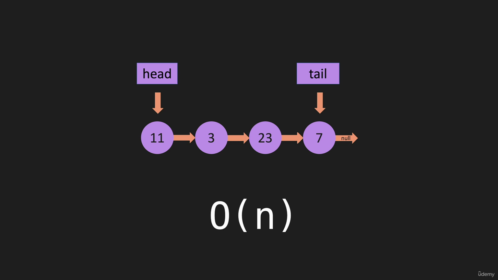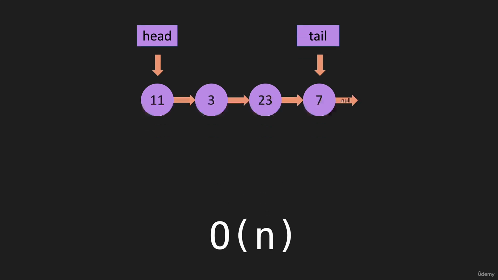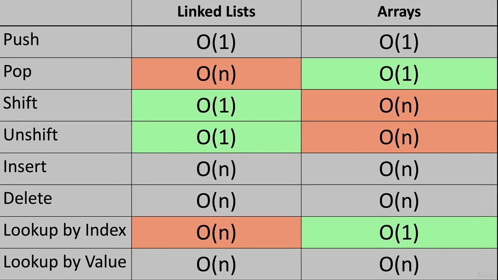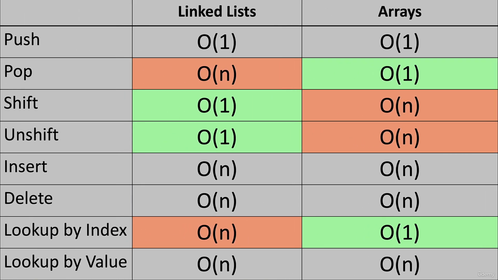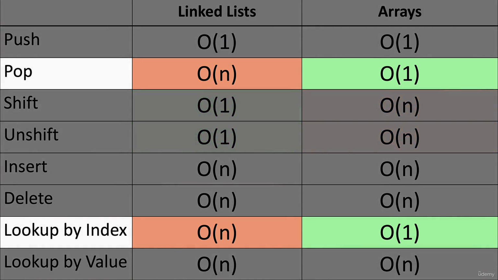So now I want to bring up a table. Let's get that out of the way and bring the table over. And this just shows all of these operations and how linked lists and arrays compare. All of the gray items are going to be the same. But we have a couple here that are better for arrays.